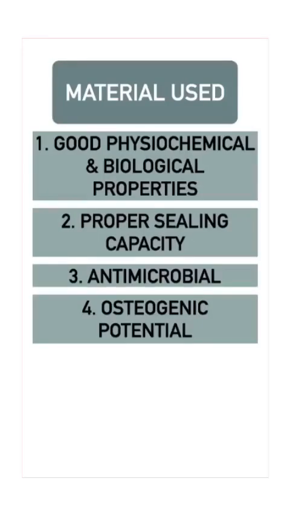The material that should be used must have good physical, chemical and biological properties, proper sealing capacity, it should be antimicrobial, and have an osteogenic potential. The best two materials that could be used are MTA and Biodentine.